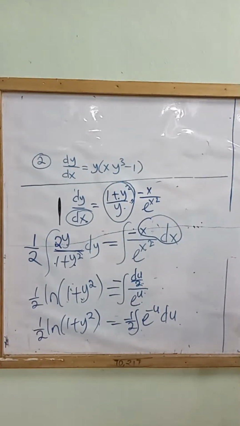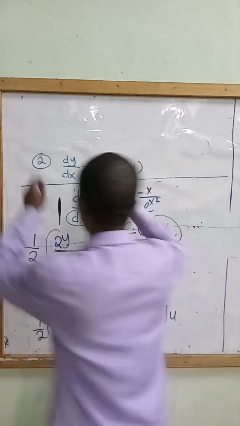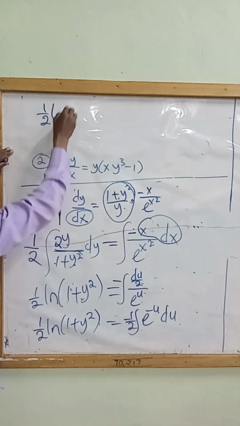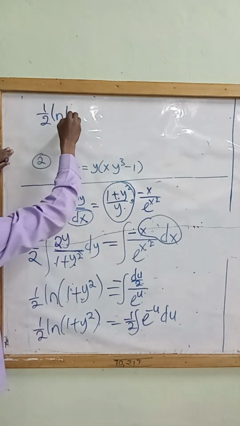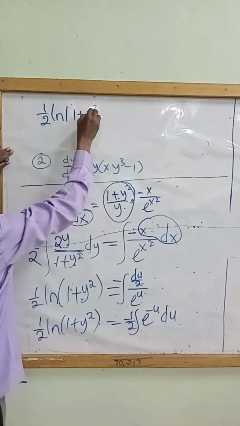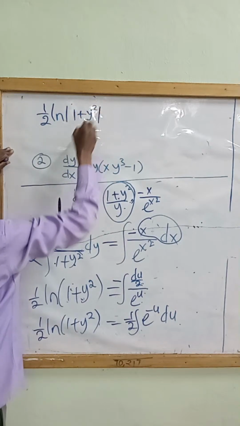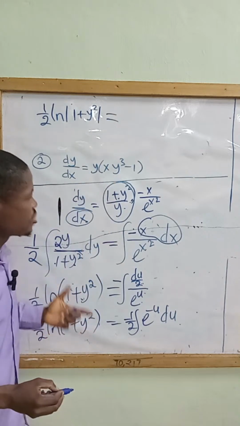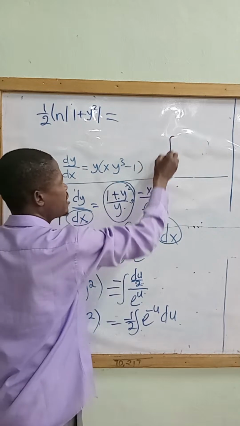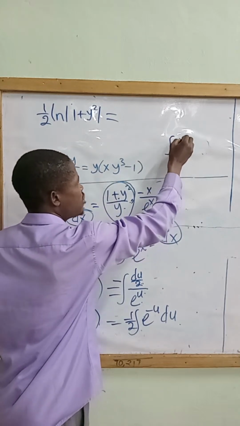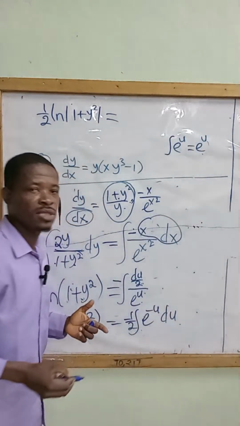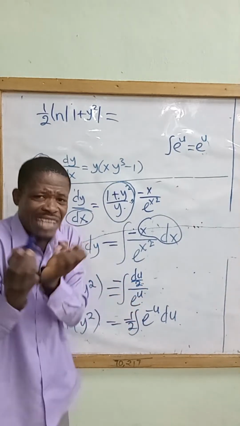Okay, so from where we are now, we have 1/2 natural logarithm of (1 plus y squared) equal to, don't forget, when you have the integral of e to the power u, you get the same function, but there is always an exception.